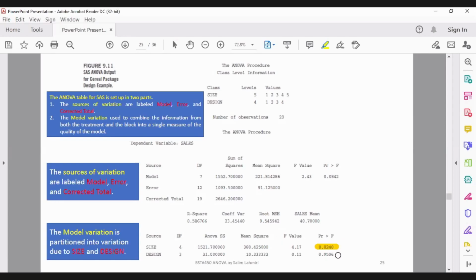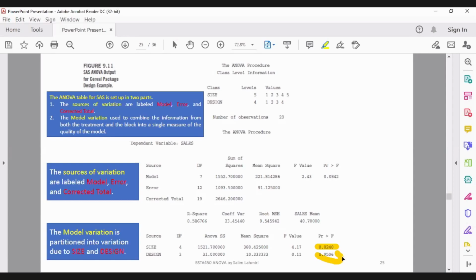The obtained p-value is equal to 0.024. So do we accept or reject the null hypothesis of equality of means across size? Since the p-value is less than 5%, you reject the null hypothesis that the mean of cells is equal across sizes.